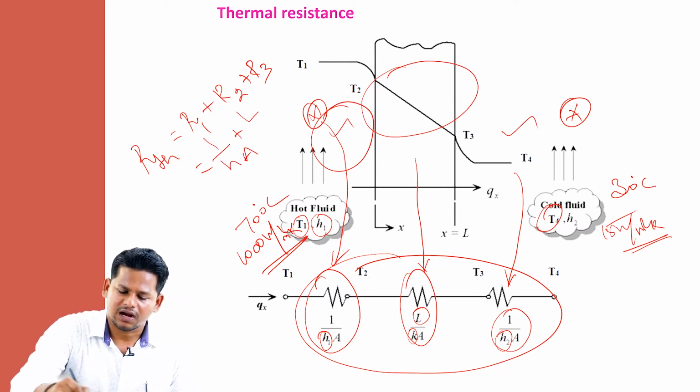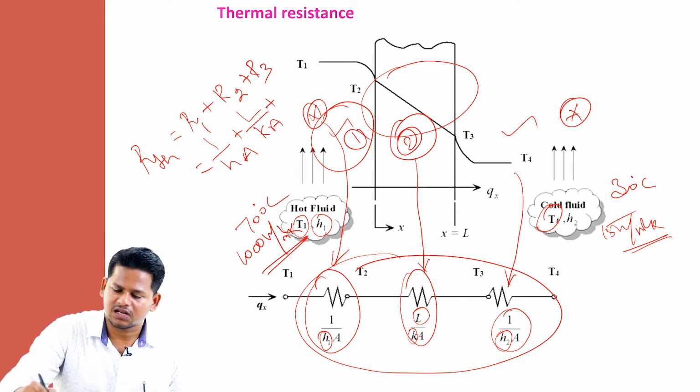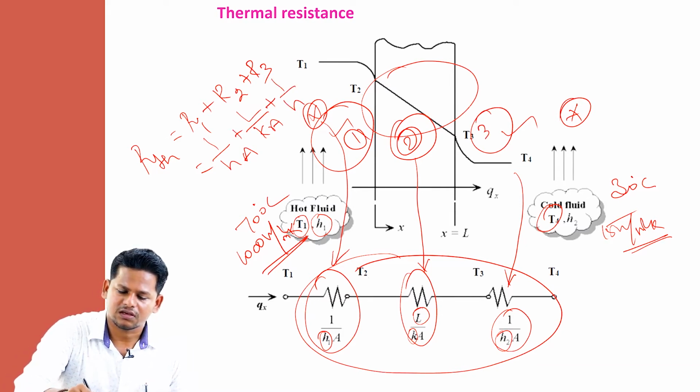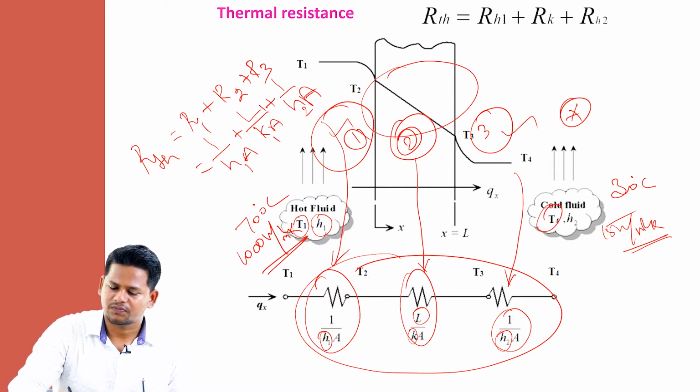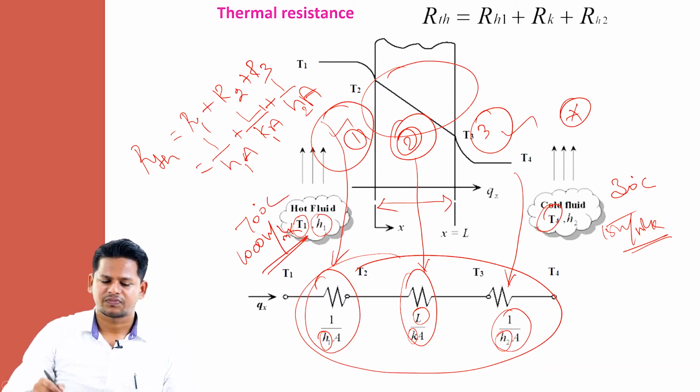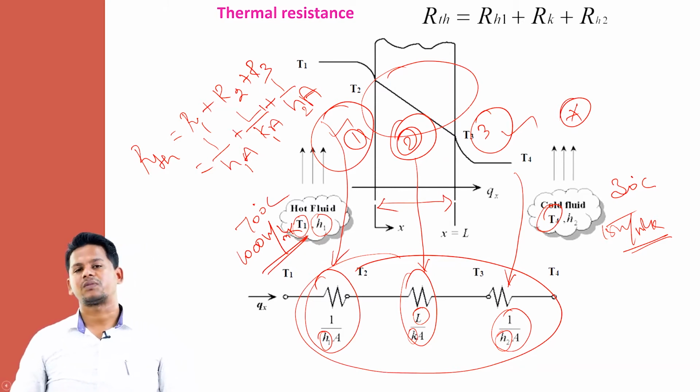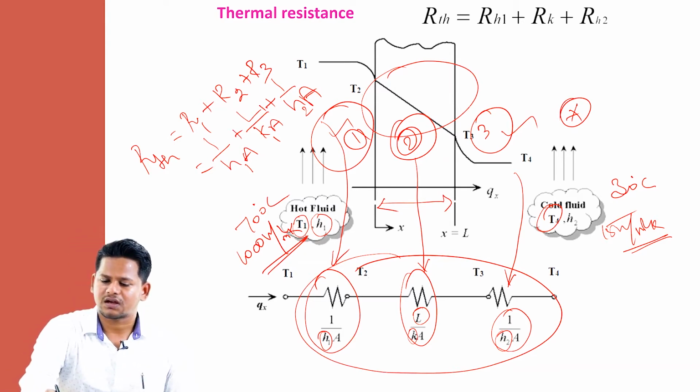We have conduction here, so L by KA. What is R3? Again convection, 1 by HA. Since we have two convections, I mention 1 here and 2 there. This is L1 by K1A1, where L1 is the length and K is the thermal conductivity of the material.